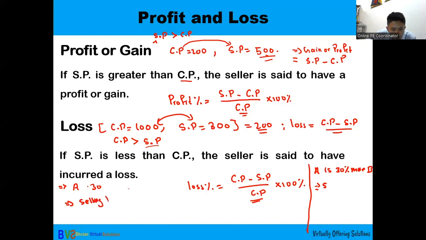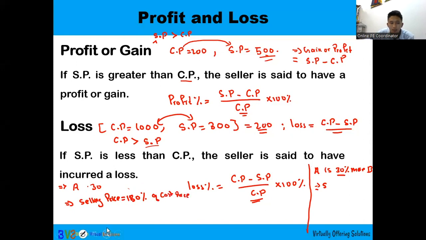selling price is equal to, if it says 30% more, you have to write 130%. You have to add 100% plus 30% more of cost price.